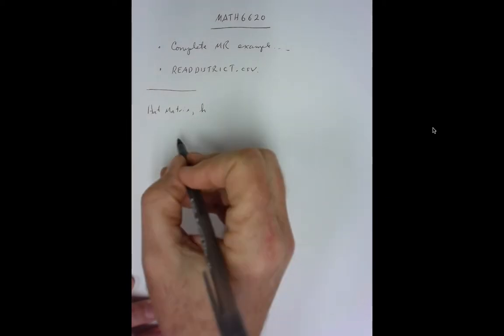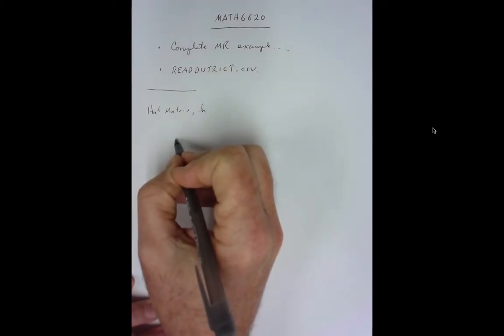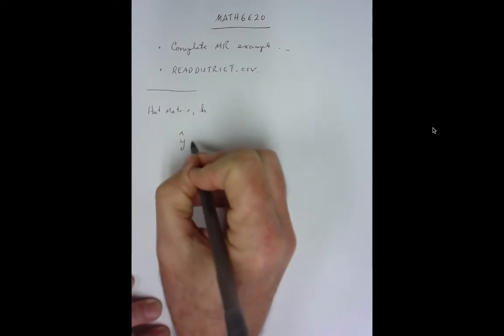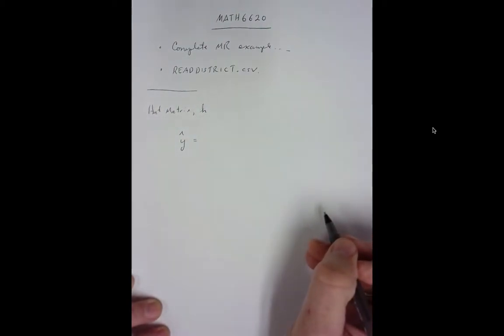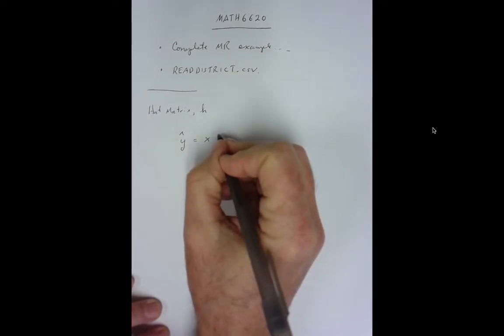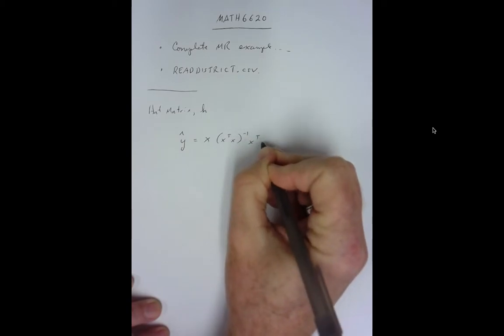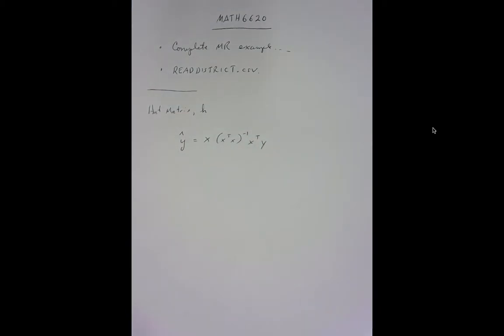And if you take 5500 and 6500 from me, you'll see this ad nauseum. But we can see that we can find the predicted y's by taking the product of these matrices.